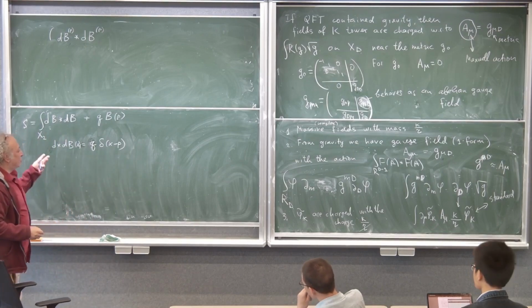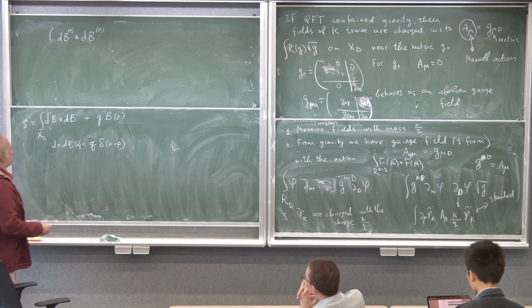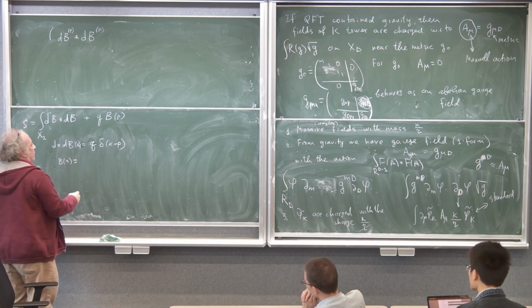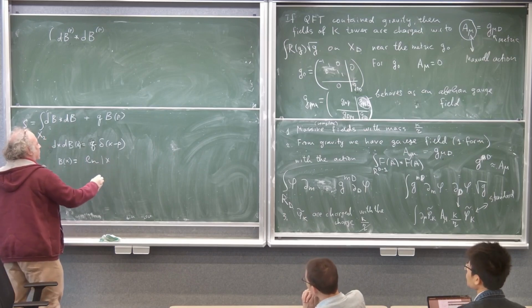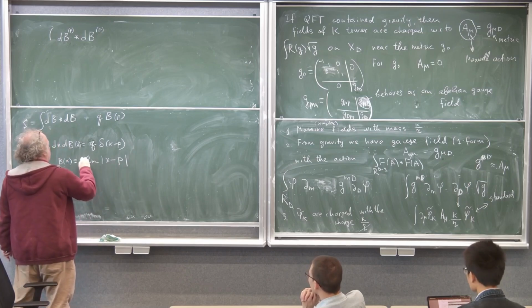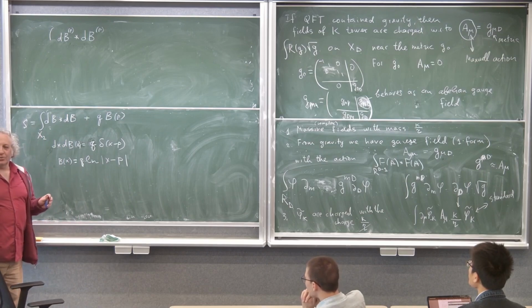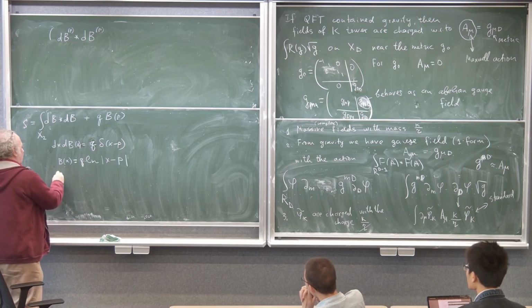This equation could be easily solved. And the solution is B of x is Q logarithm of x minus p, and I omit factors like 2 pi. And what is dB?